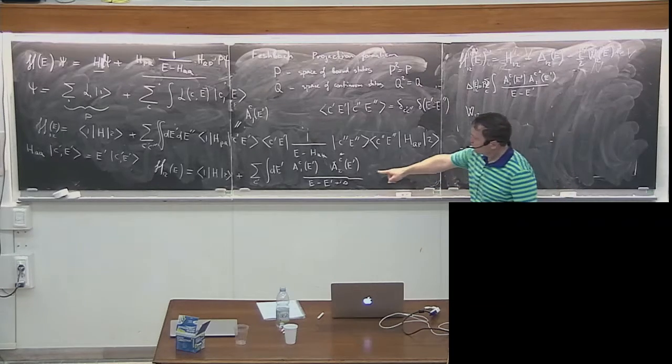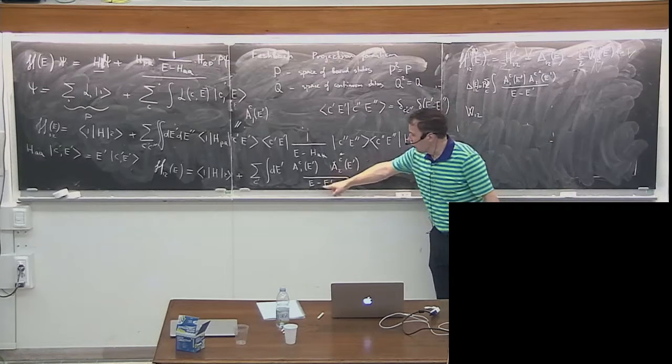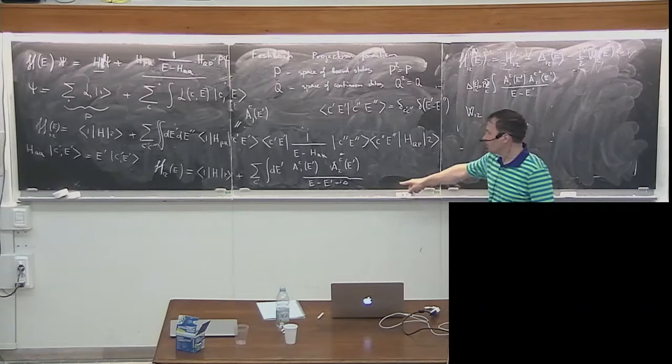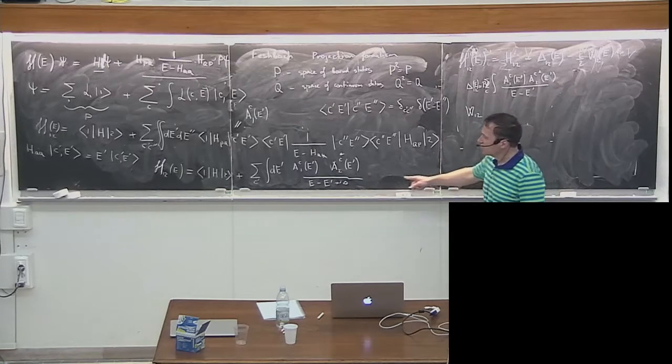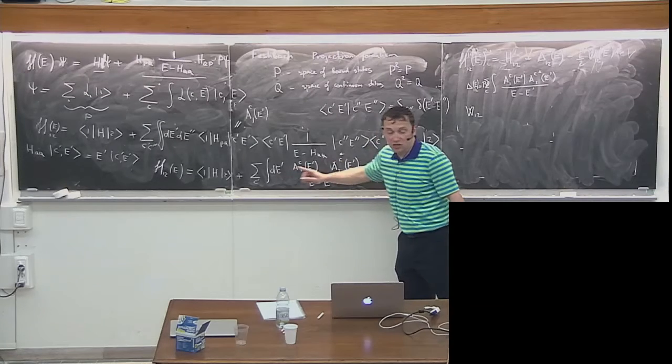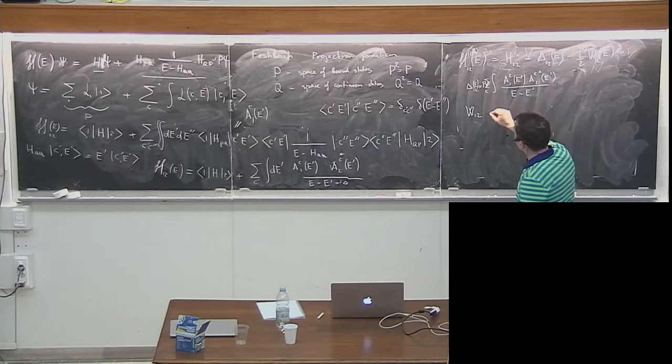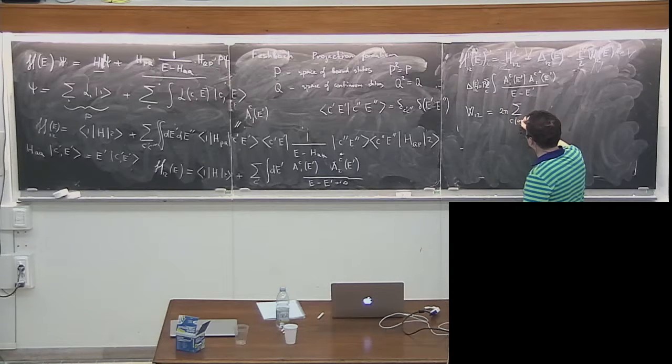So therefore, this W12, and of course, if you recall, this integration 1 over x plus i delta gives me pi times the delta function. So therefore, integration over energy disappears. So what I will get here is just W equals 2 pi sum over all channels that are open.